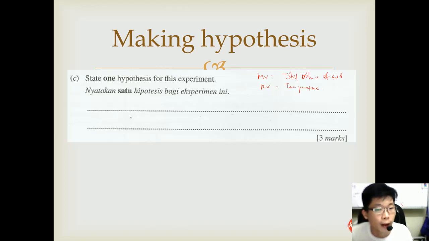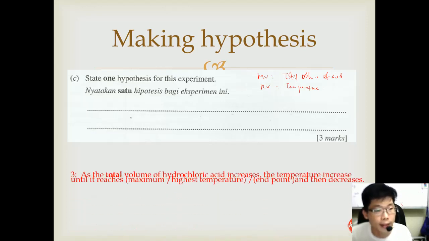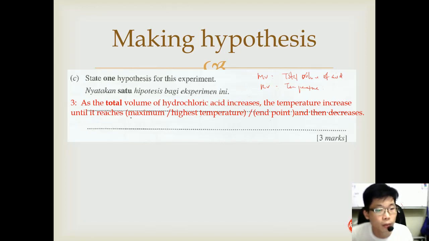What happens to the temperature if the total volume of acid is added? So we can use method number one to make our hypothesis. So here is a sample answer. As the total volume of hydrochloric acid increases, the temperature will increase until it reaches the maximum or highest temperature, or the endpoint.